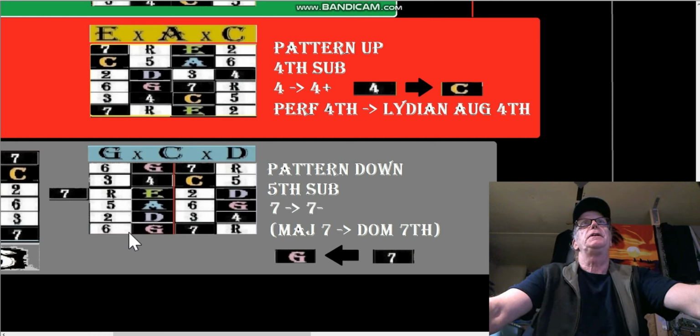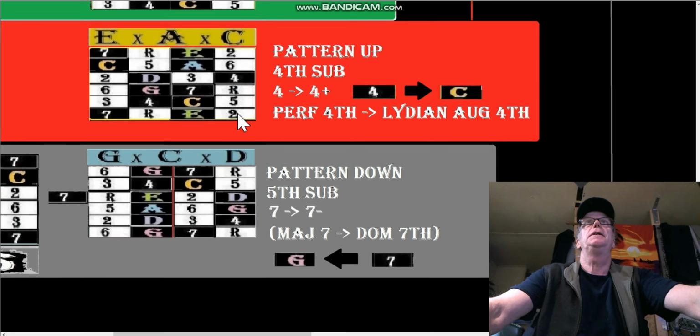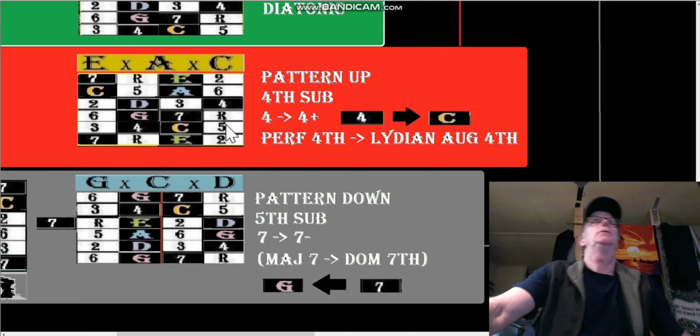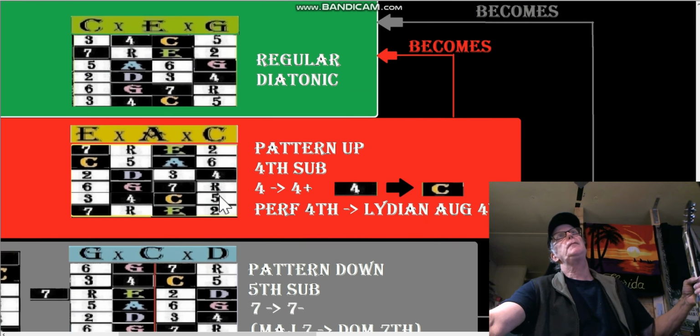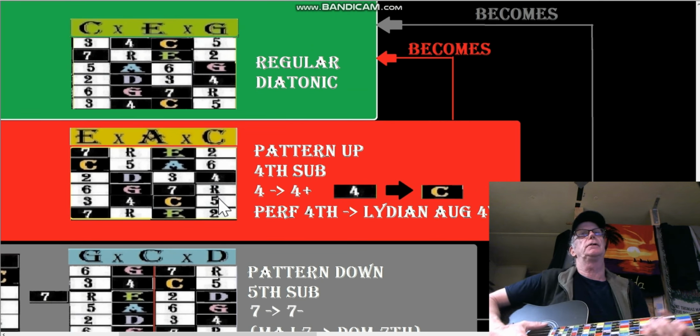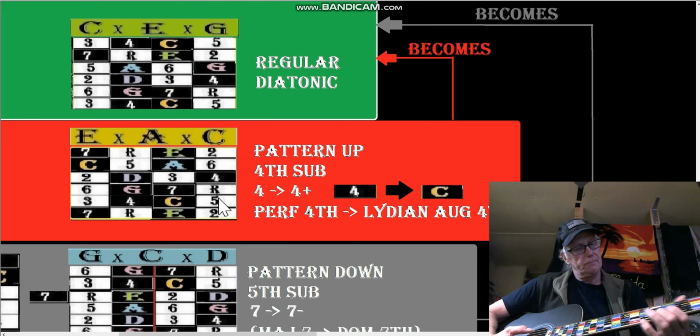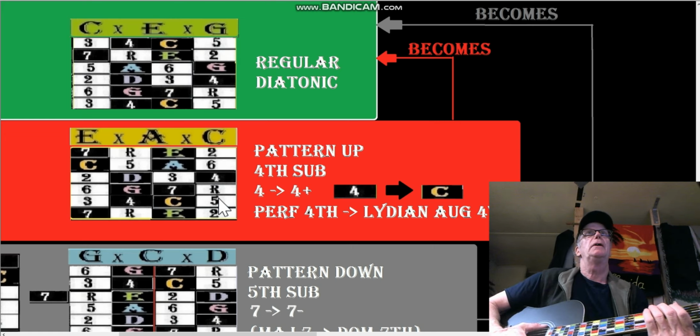So it's a polarity change on the fifth, and in the fourth, with the fourth here in this E string shape here, where we're going 4 to 4 plus, 4 goes to C. Guess what? This is also a polarity change from negative to positive. Okay, so in other words, if we're starting in the C box here, I'm not going to put the capo on right now.